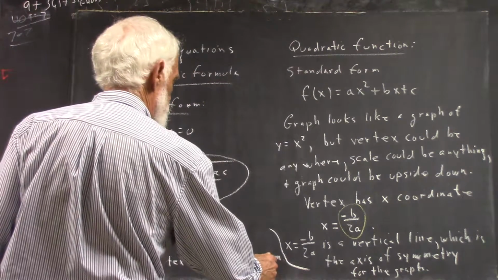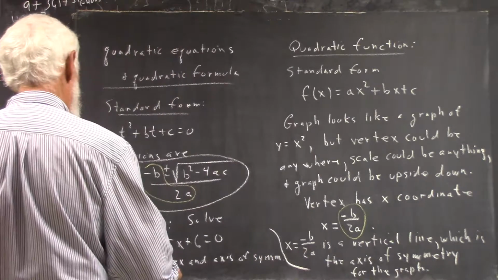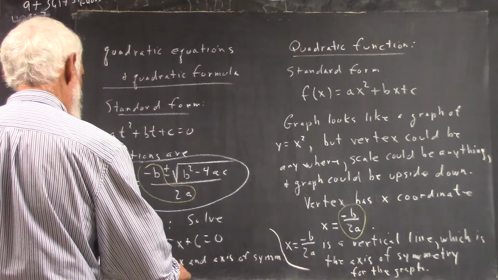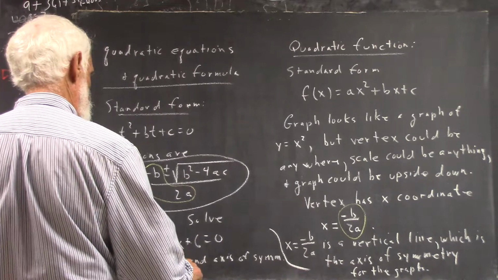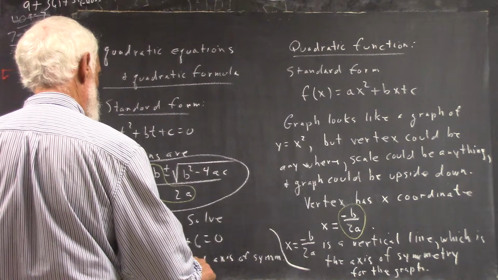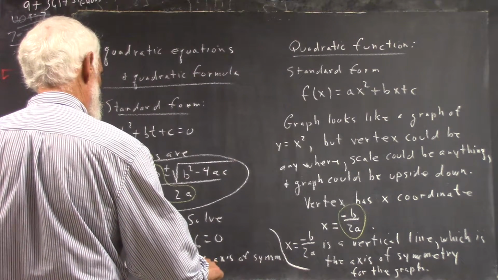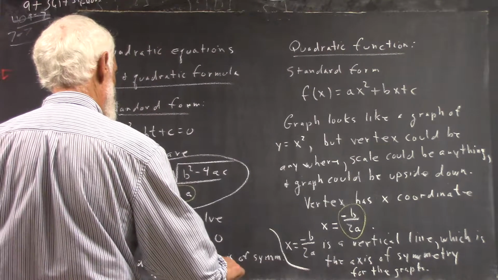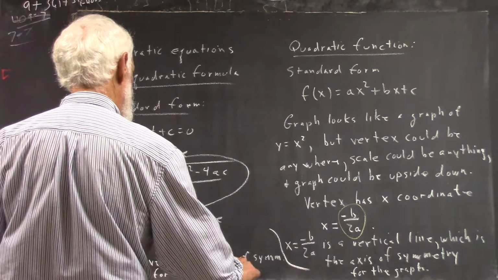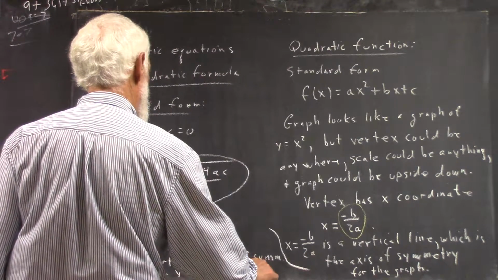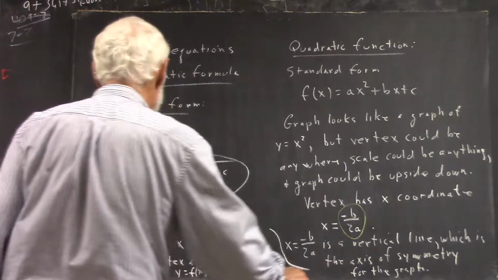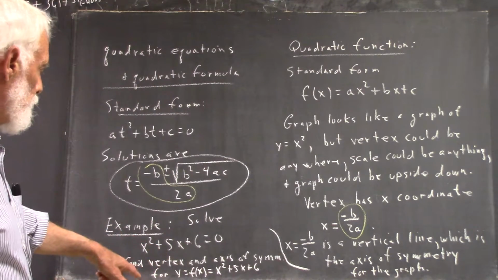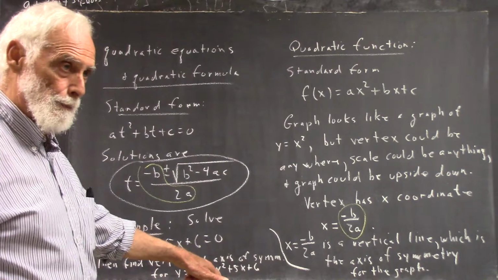Close that in so we don't get too confused. So I want you to find the vertex and the axis of symmetry for this.